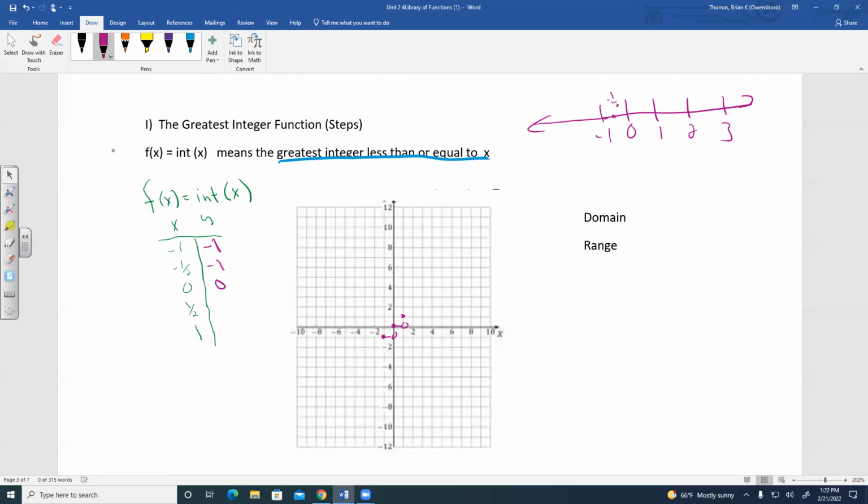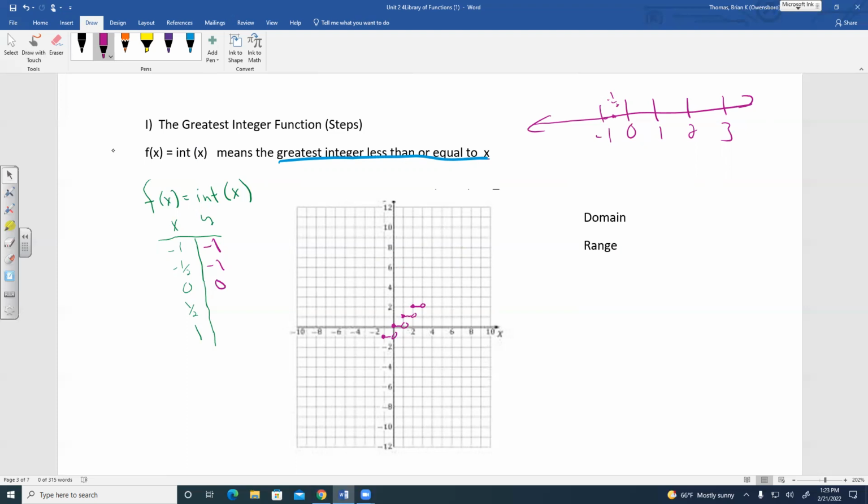Then you stay on 1 until you get to 2. You put an open circle there, and you move up to 2. Then you stay there, and you create these little steps. So this is called the step function. It's going to keep making these steps forever. That's what's tricky: I'm not drawing the whole graph here, only a part of it. So this graph actually continues off the screen.